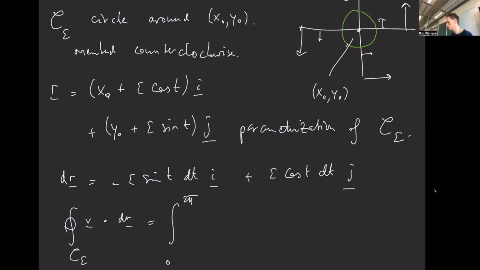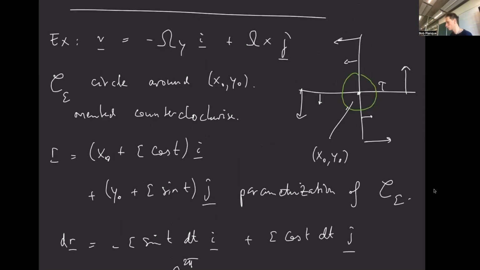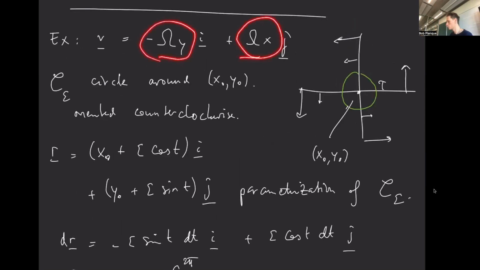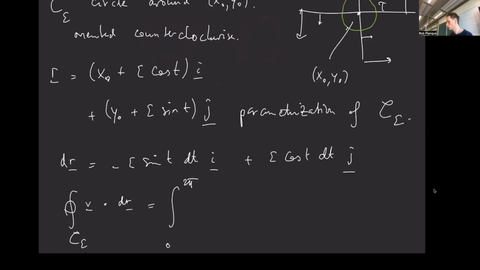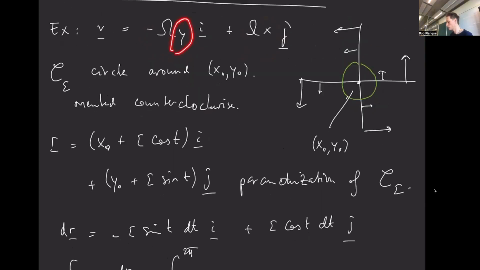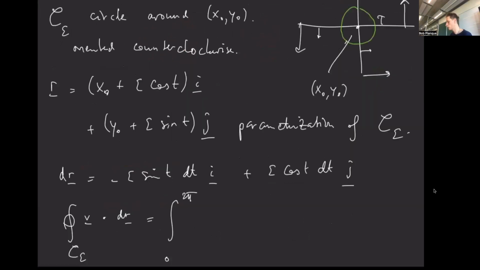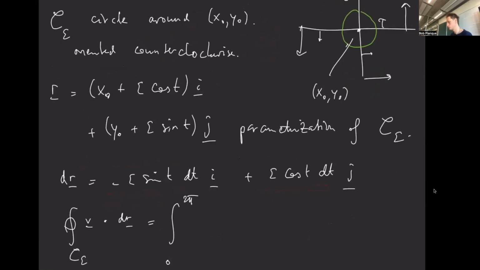And then I take the inner product of v, which has these components, with where y is given by that, and x is given by that. So I have to put all of that in, and I have to do that with the inner product with these two.